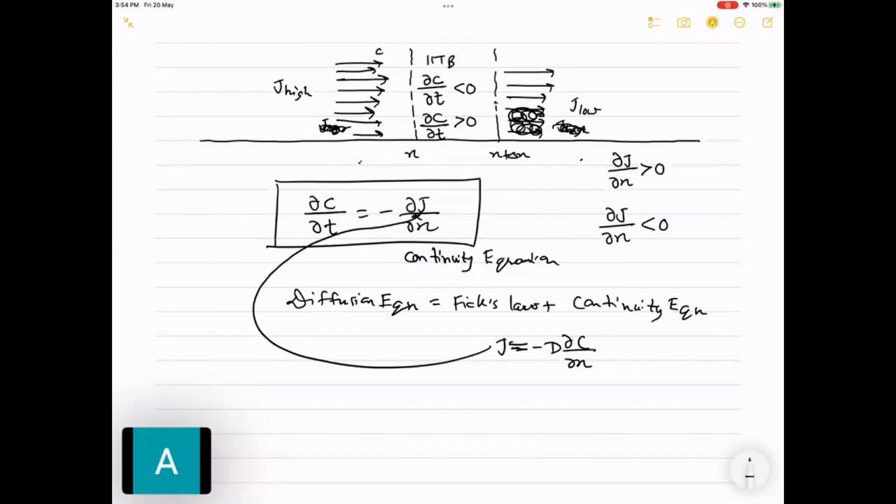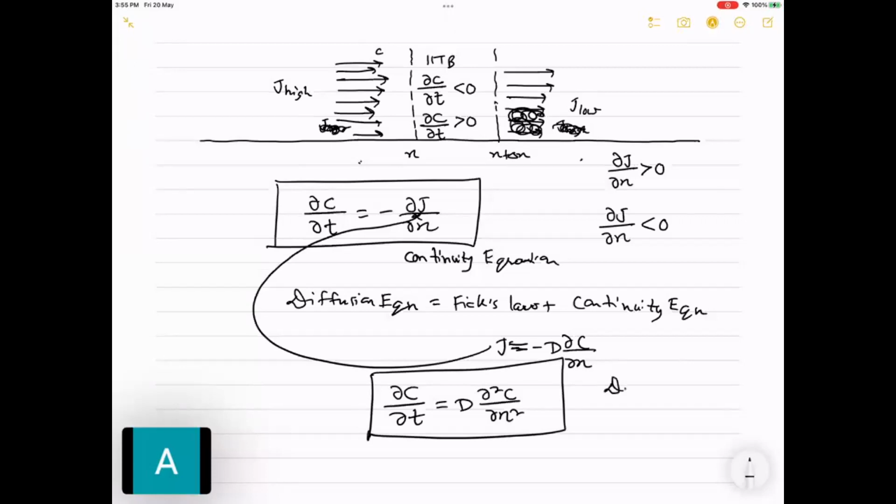What I get is delta C by delta T is equal to D delta 2 C by delta X 2.